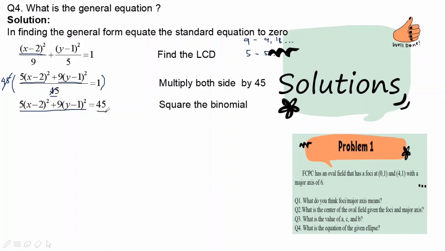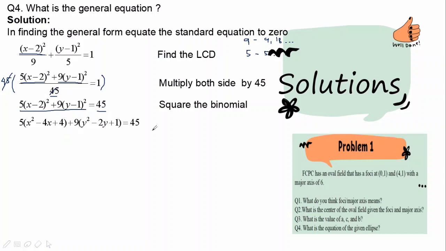Next, we will square the binomial first. Squaring the binomial, the quantity (x minus 2) squared is x squared minus 4x plus 4. So how did we come up with this one?